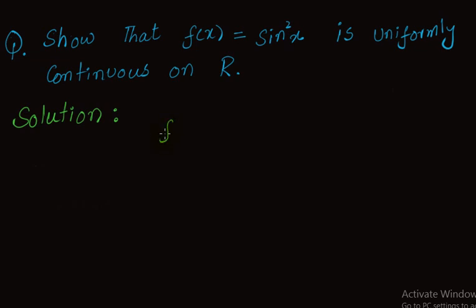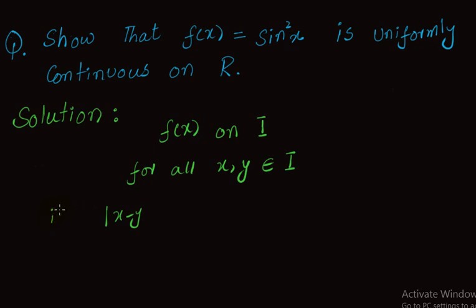A function f of x is said to be uniformly continuous on an interval I if for all x, y belonging to this interval I, if mod of x minus y is less than delta, then mod of f of x minus f of y is less than epsilon.